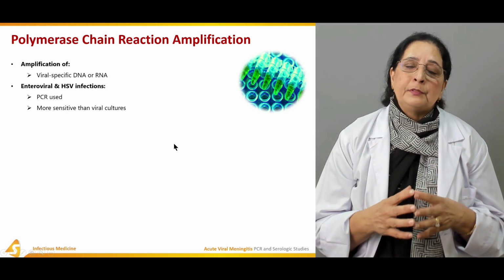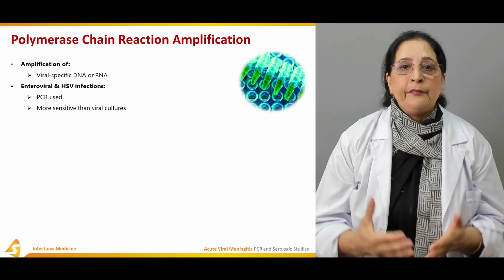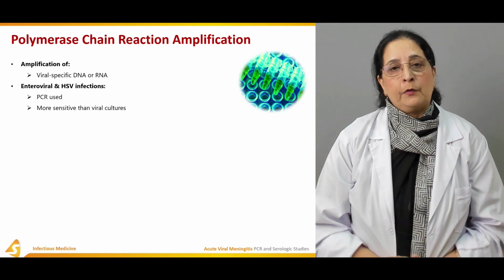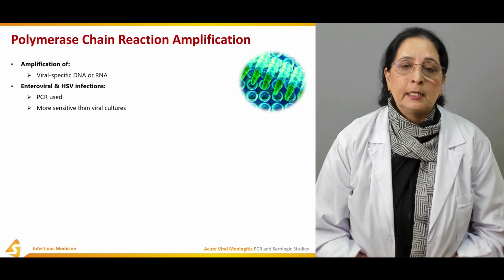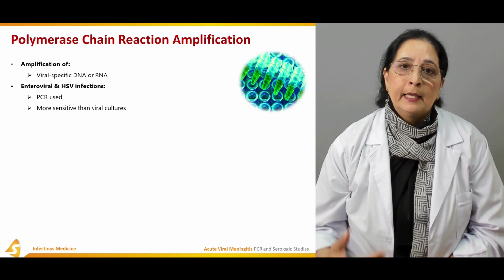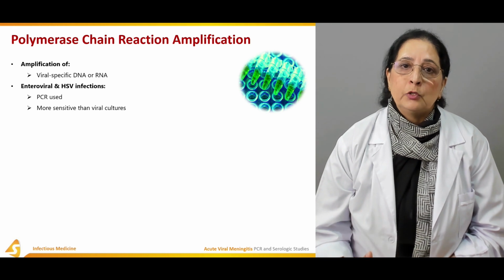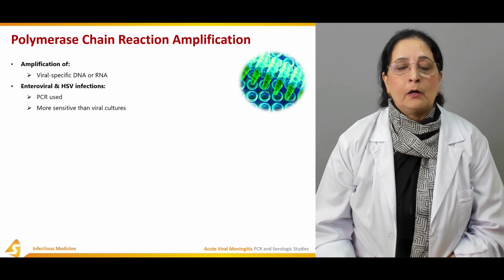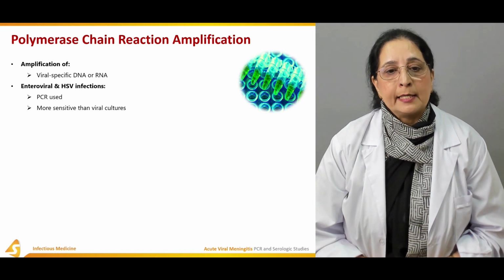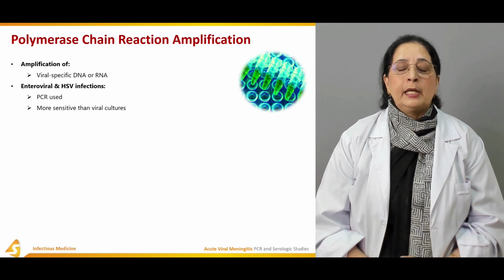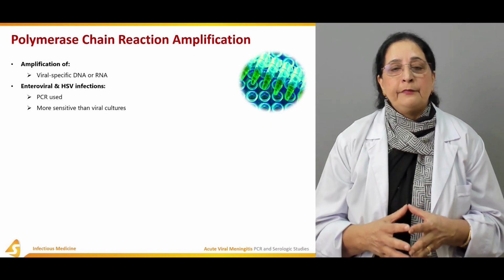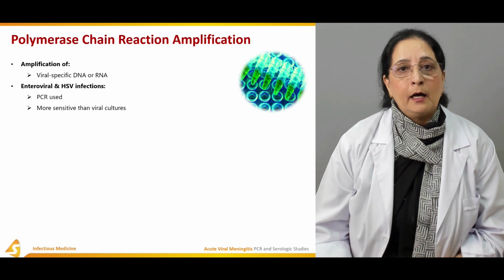So sometimes when the CSF examination and viral cultures are not helpful for the diagnosis, other tests like polymerase chain reaction can be used for the diagnosis of enteroviruses and herpes simplex virus infection, in which we can use the amplification of viral specific DNA and RNA.